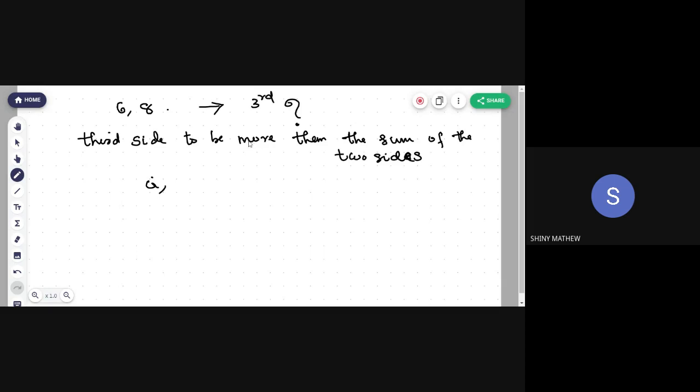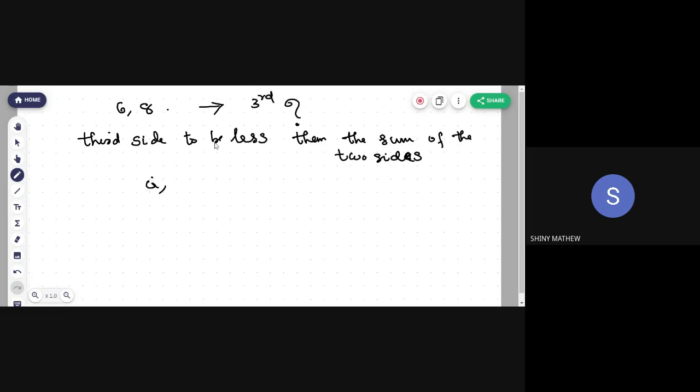Here not more than, less than. Less than. Than we have already written.